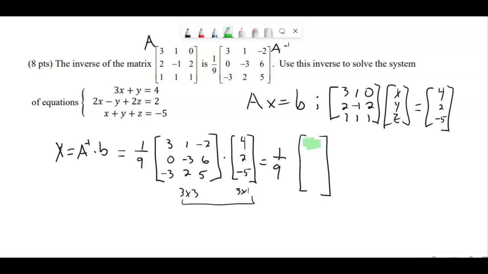Now, to get this position, that's row 1, column 1. We take row 1, multiply by column 1 with matrices. We have first times the first, that's 12, plus the second times the second, 12 plus 2 is 14, plus the third times the third, 14 and 10 is 24.